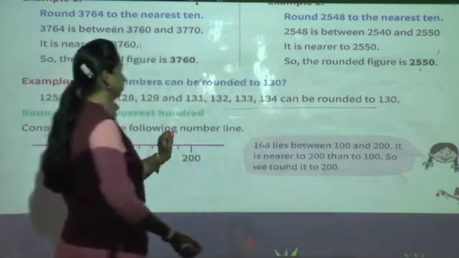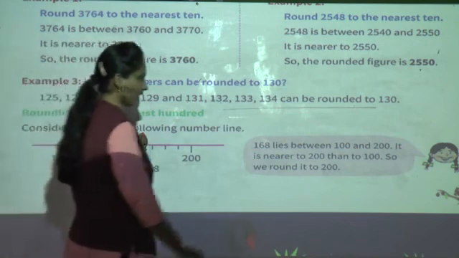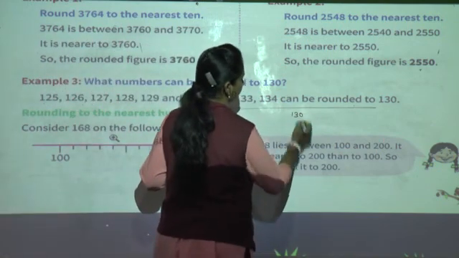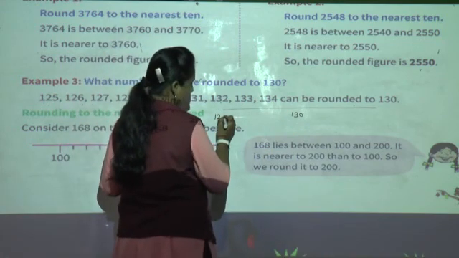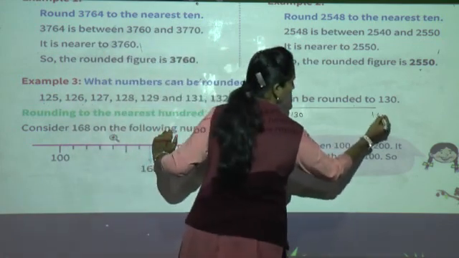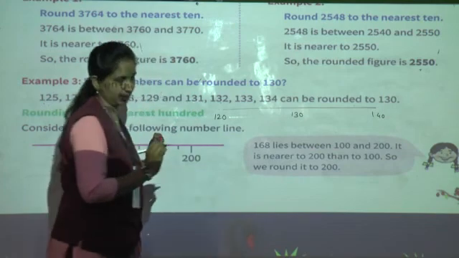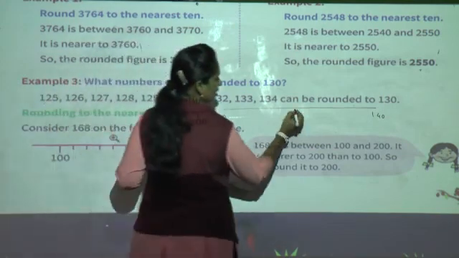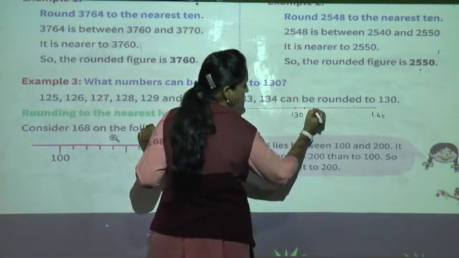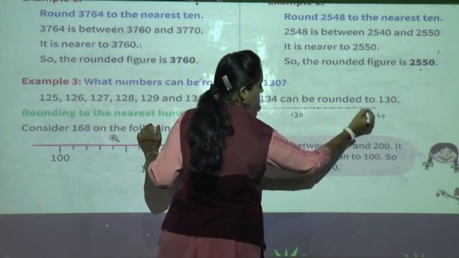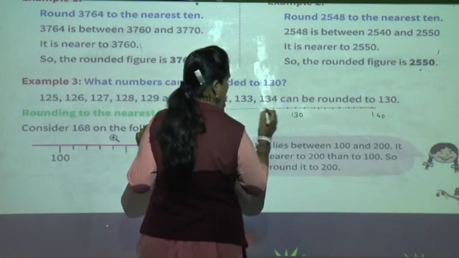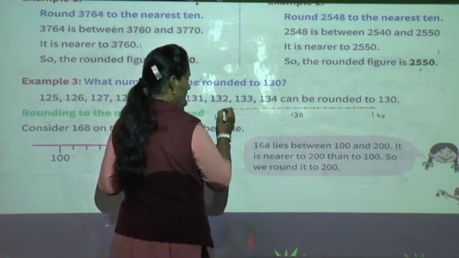Okay, now the question is 130. We have to see how many numbers can be rounded to 130. Now 130 lies between 120 and 140. Suppose I have written here 1 2 3 4 5 6 7 8 9 10.